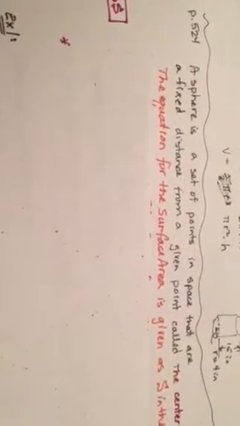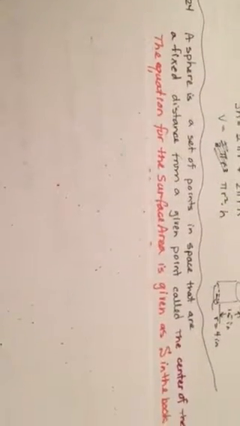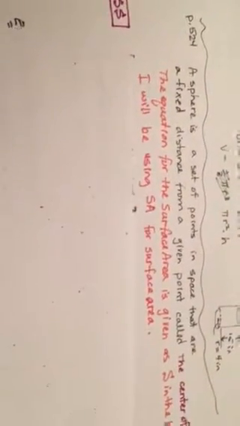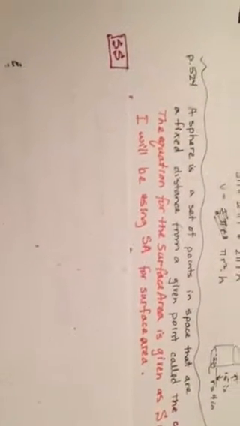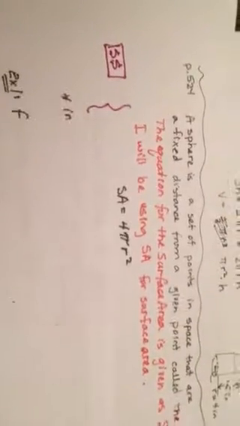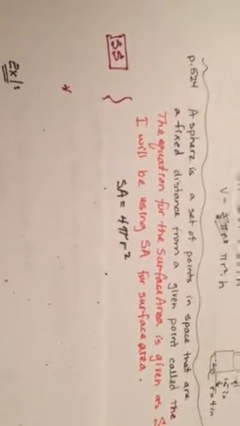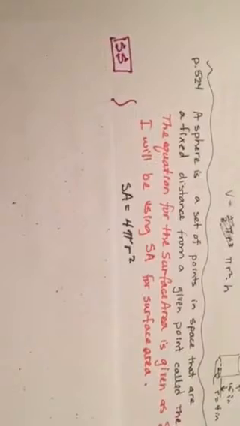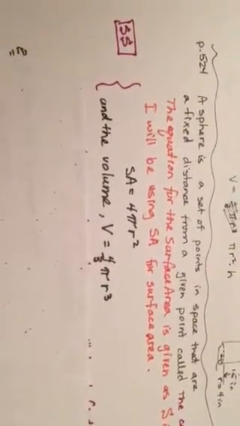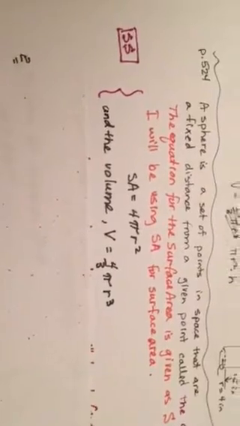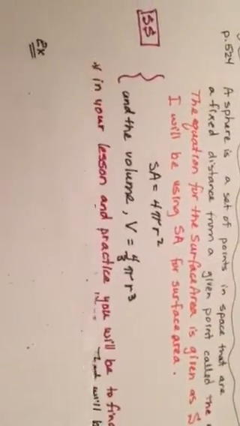The surface area is given as S in this book, and I will be using SA for surface area. So our surface area equals 4 pi times r squared. Please put that in your smart sheet. And the volume, V, equals 4/3 pi r cubed.